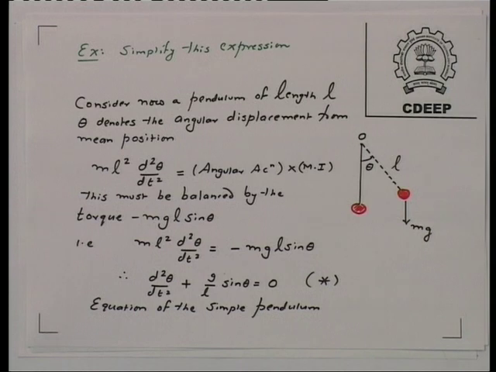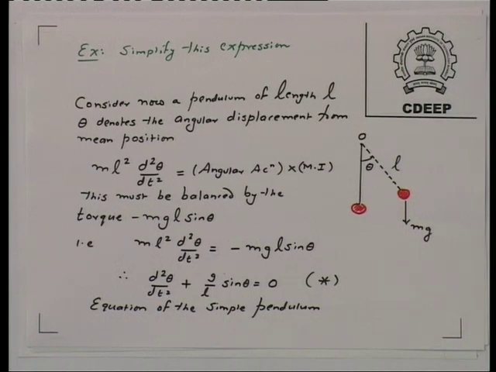The pendulum has length L, m is the mass, and so its moment of inertia is going to be m L squared. And so, moment of inertia multiplied by d2 theta by dt squared, which is the angular acceleration.